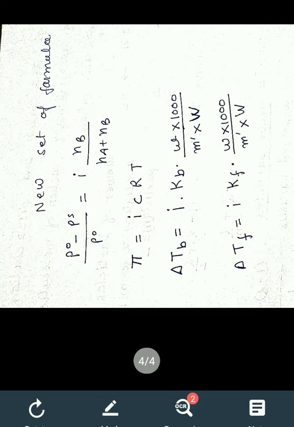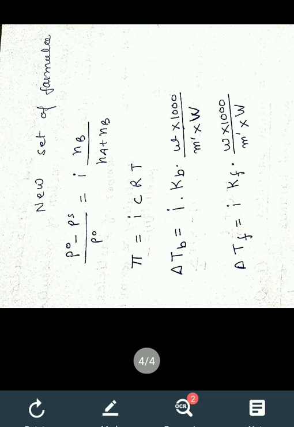So just make it a habit to calculate i, and if alpha is given, using the formula discussed earlier, you can calculate alpha first and then you calculate the van't Hoff factor.